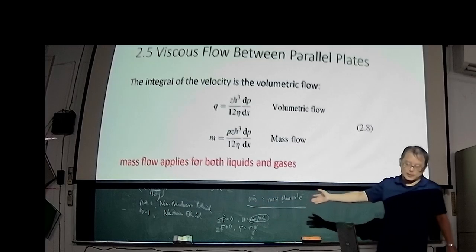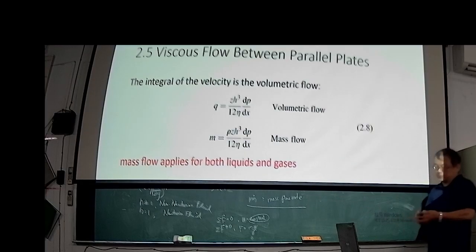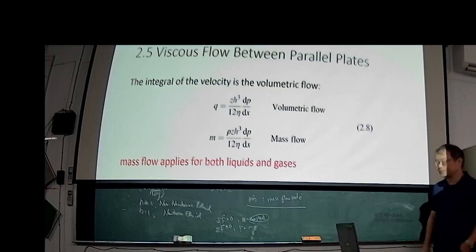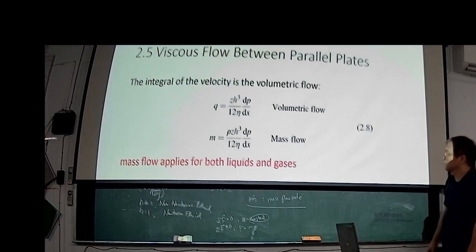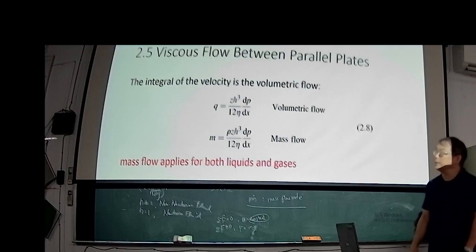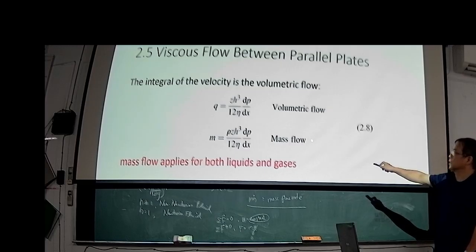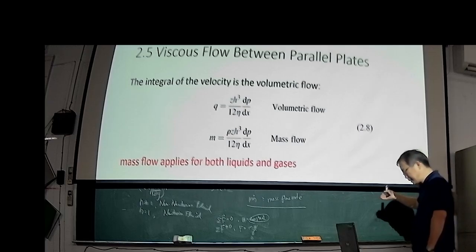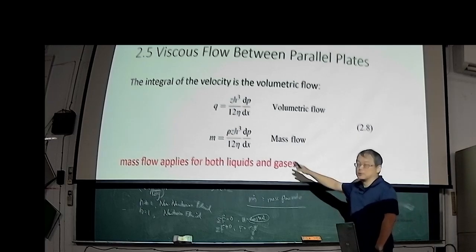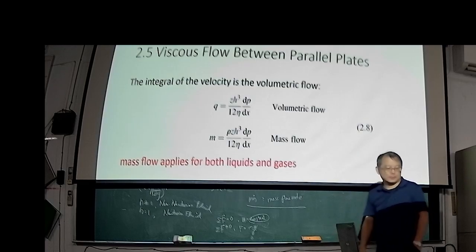But in any case, in our book, it's using this one. So this one is equal to this one. This is called mass flow rate. Okay. So usually we will add another term. This is the volume flow rate. So when you look at the other textbook, this means the same. Okay.